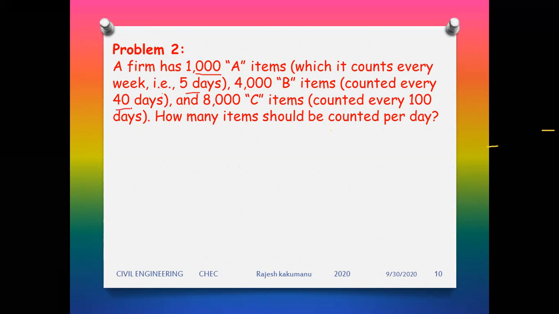Every 40 days we count the B class items, which are 4,000. Next, C class items are 8,000, counted every 100 days.